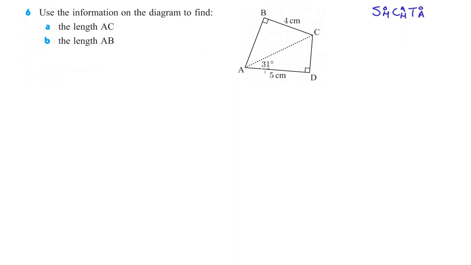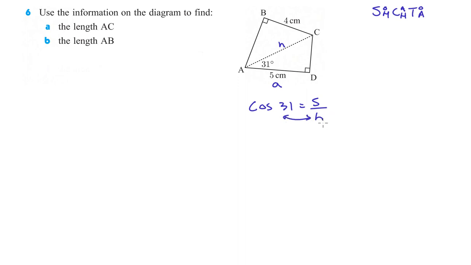Yeah, we do. We can figure out what AC is. Because look, we've got this side is the adjacent, and this side is the hypotenuse of this triangle ACD, right? So adjacent and hypotenuse is cosine, so we could say cosine of 31 equals 5 over h for hypotenuse.